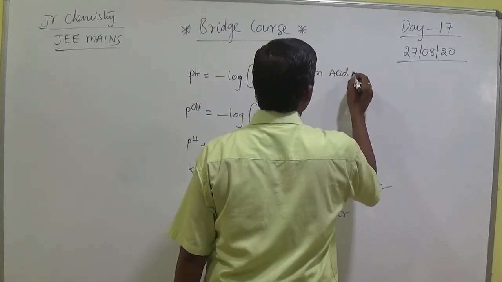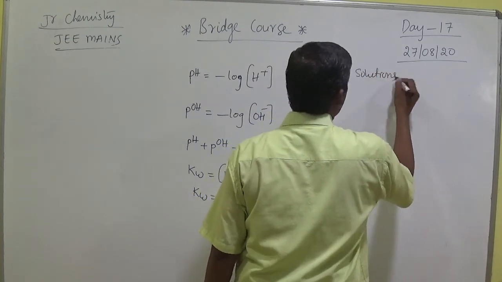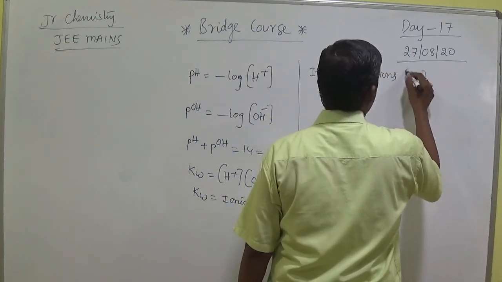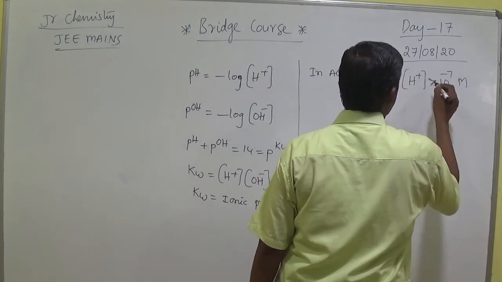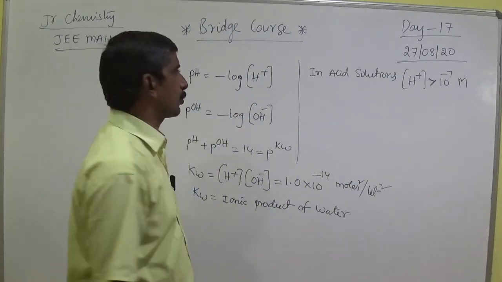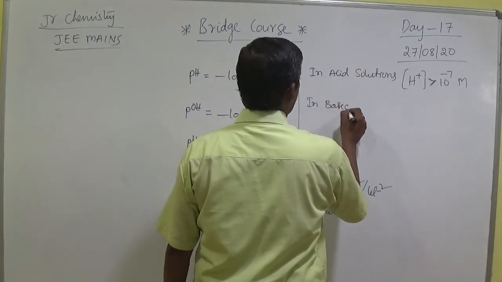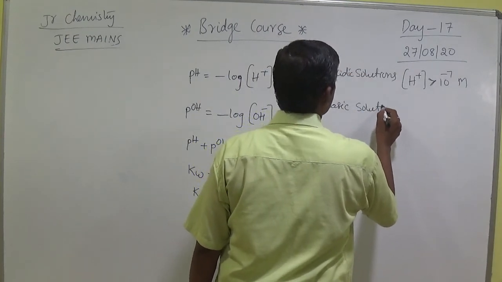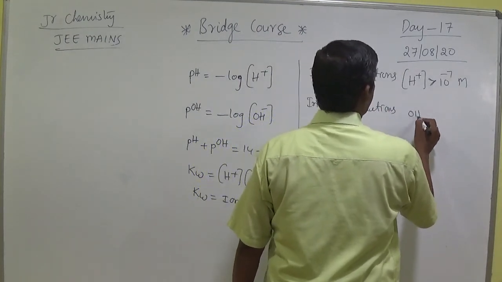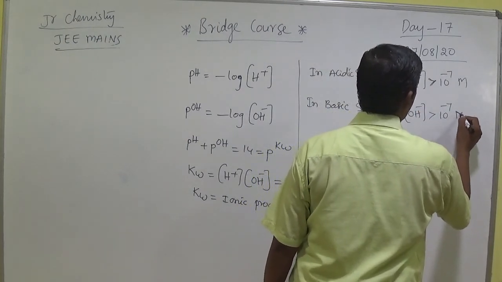Once again, in acid solutions, H plus concentration is greater than 10 to the power minus 7 molar. In basic solutions, OH minus ion concentration is greater than 10 to the power of minus 7 molar.